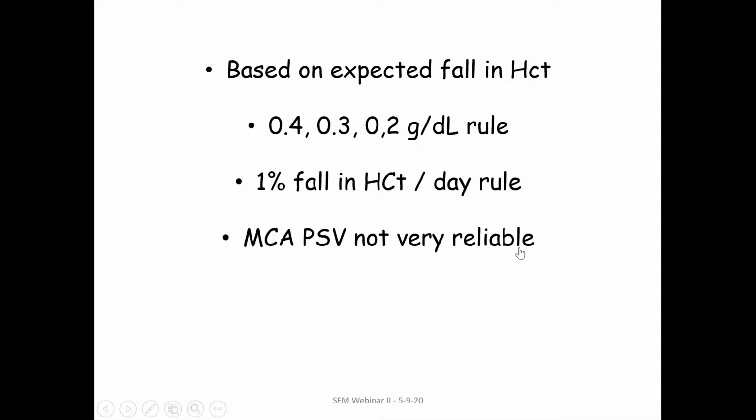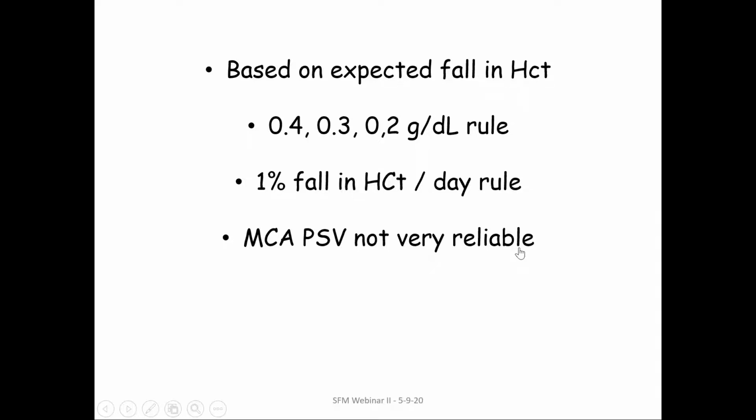Now, remember that the MCA-PSV is not as reliable in predicting fetal anemia as it is before you've done the first transfusion. The reason is the moment you've pushed in blood by an intrauterine transfusion, what you're pushing in is not fetal blood, but adult blood from an adult donor. The rheological properties of the red blood cells of an adult are completely different from that of a fetus.